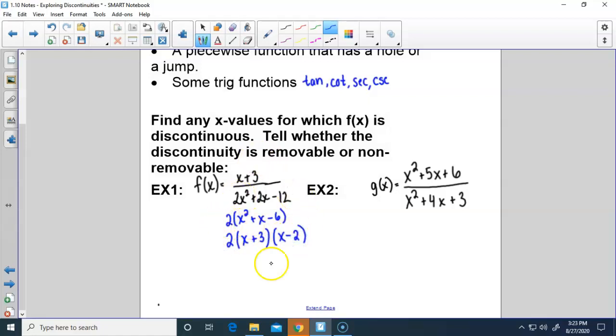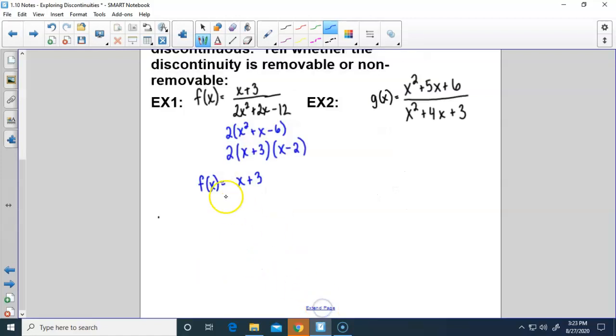So to convey what we've got here a little bit more precisely, this is x plus 3 over 2 times x plus 3 times x minus 2. All right, so we know that anything that will give us a 0 in the denominator is going to be a discontinuity.